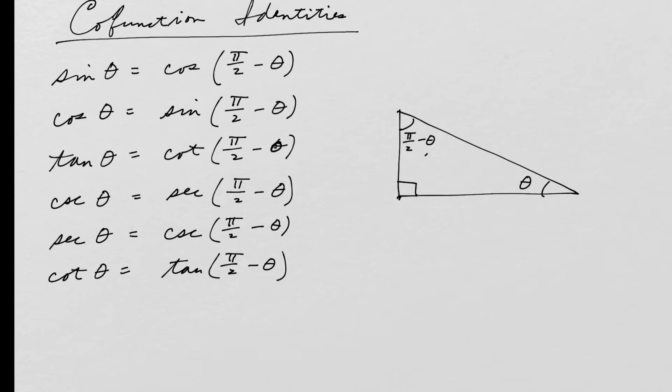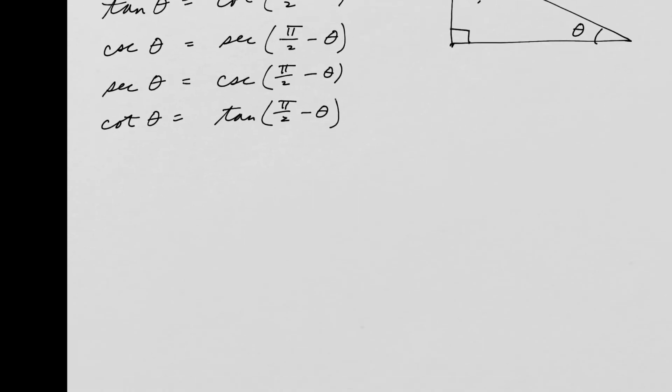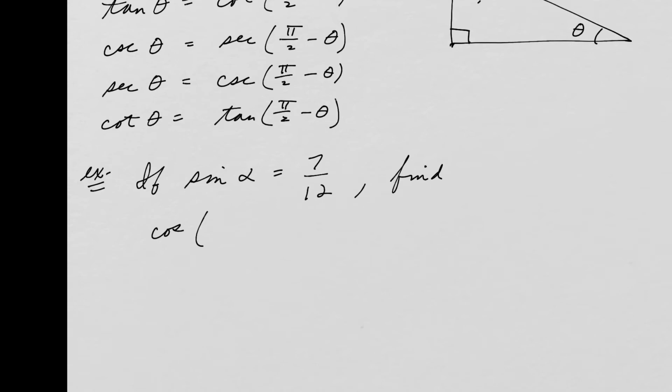So one simple example is this, right? Let's say sine of alpha is equal to 7/12. Let's say we want to find cosine of pi over 2 minus alpha.